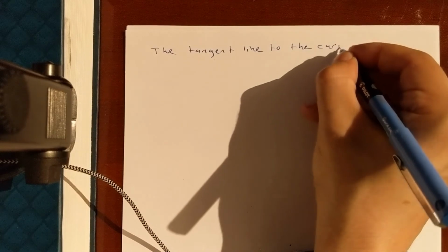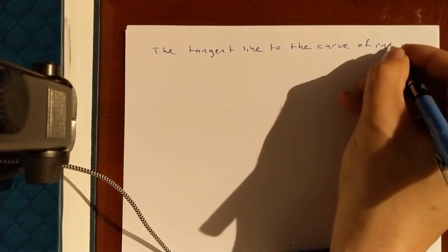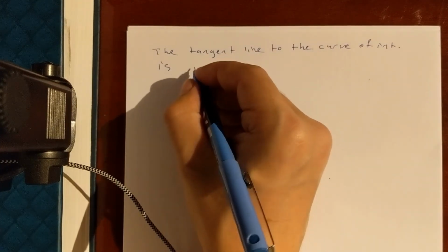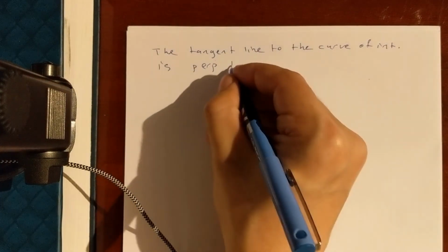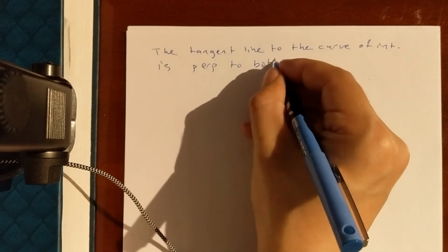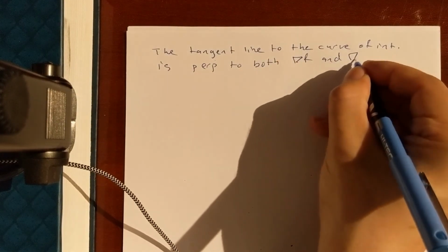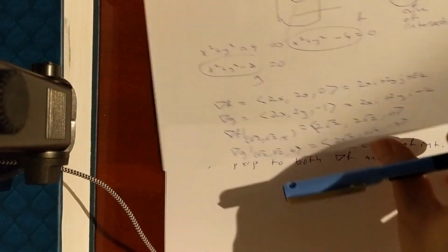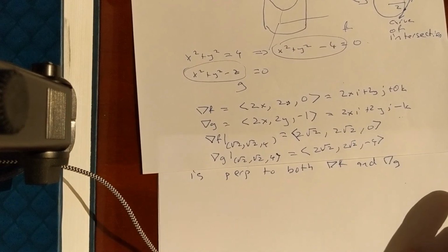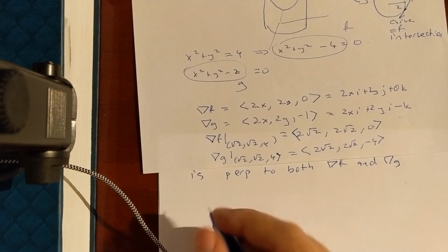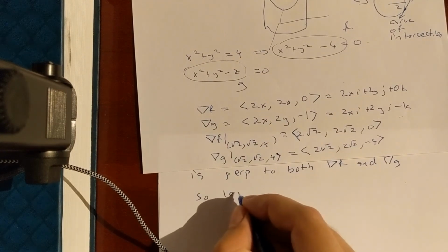It is going to be perpendicular to both the gradient of f and the gradient of g, right? So let's remember, how do we find a third vector that's perpendicular to two vectors? Well, we have to do the cross product. So let's do the cross product.